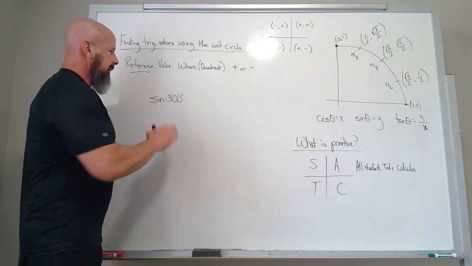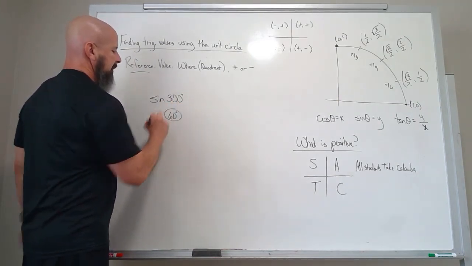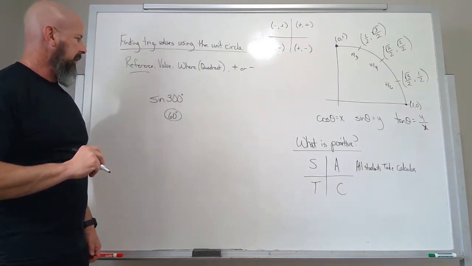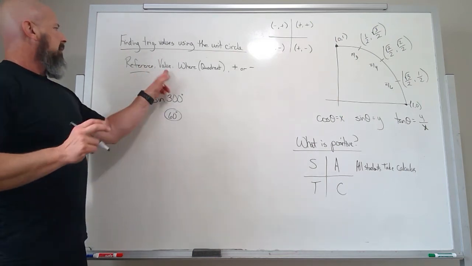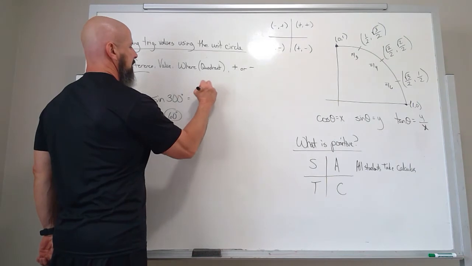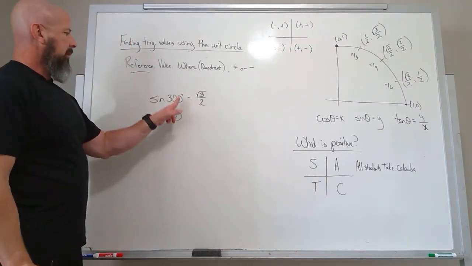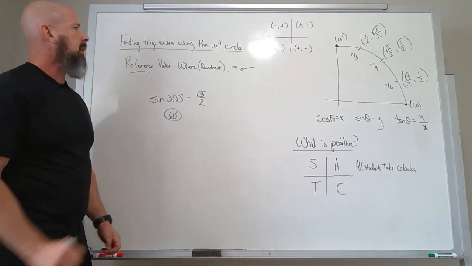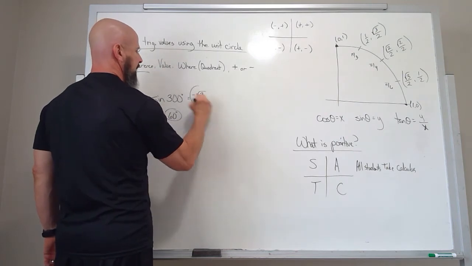So I have to go back to thinking about what the reference is. I am actually 60 degrees from the x-axis, so my reference is 60. Value: what's the sine of 60? Sine of 60 is root 3 over 2. Where is 300? Well, 300 is in quadrant 4. Is sine positive or negative in quadrant 4? Sine's negative in quadrant 4.